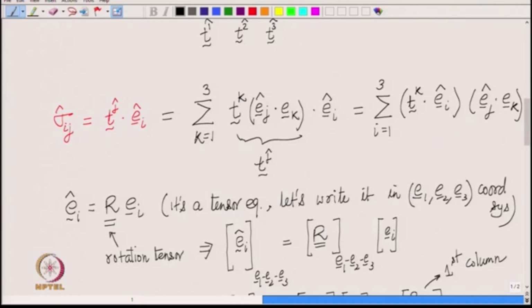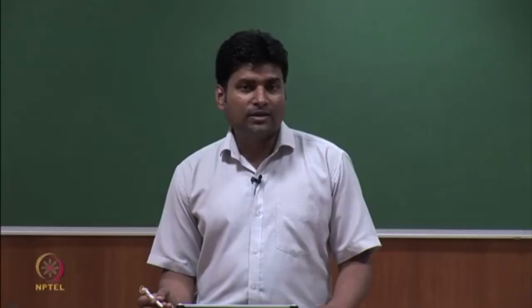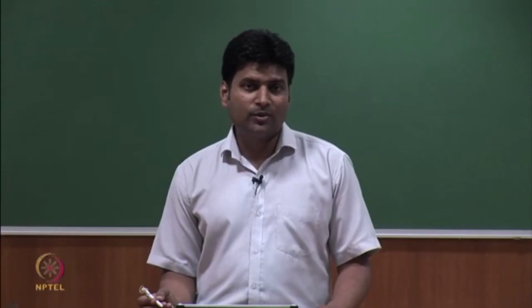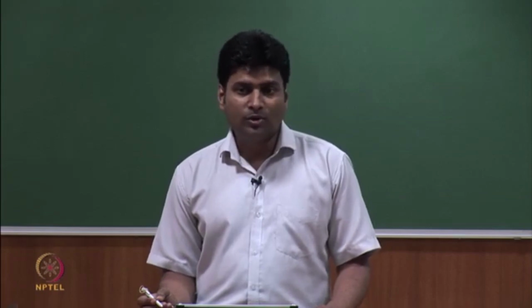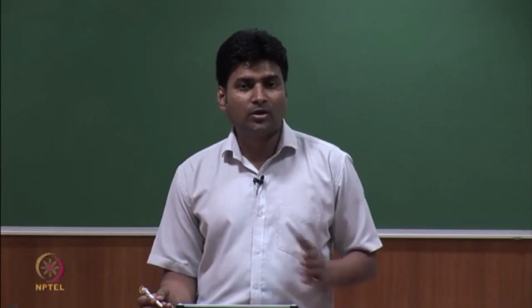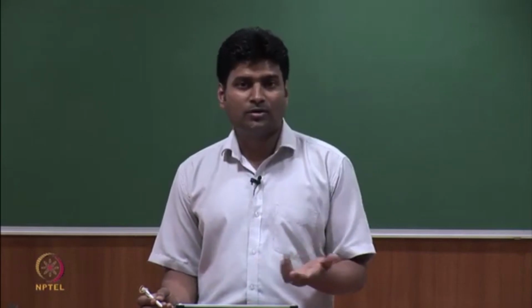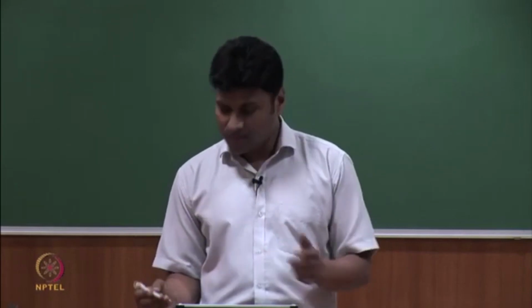You see, we have here Ej hat dot Ek. So, what is Ej hat dot Ek? Any guess? That is Ej hat, so that must be in the jth column of the rotation matrix, and then I find out the kth component. So, it is simply Rkj, right.